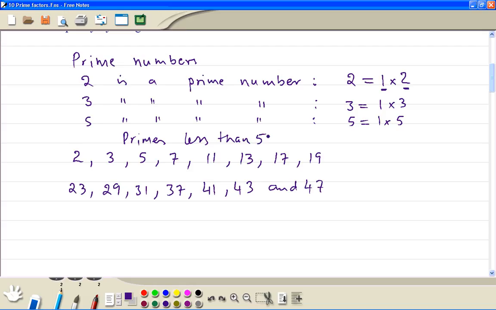So these are the prime numbers up to 50, or less than 50. So there is no formula or anything, you just have to learn them.